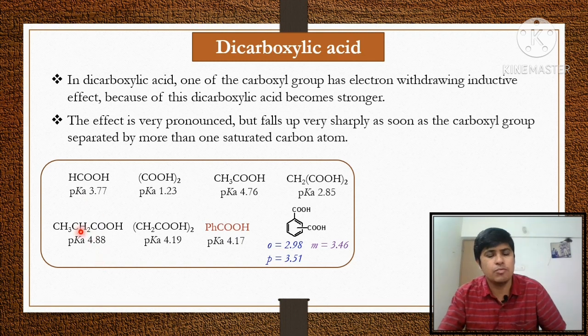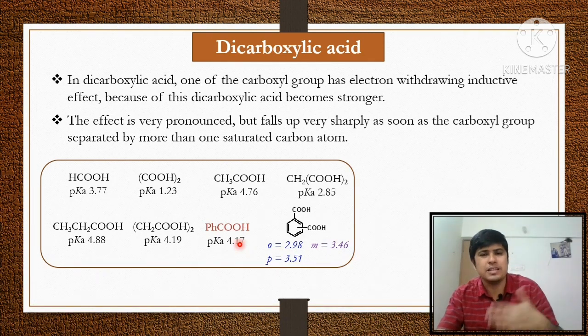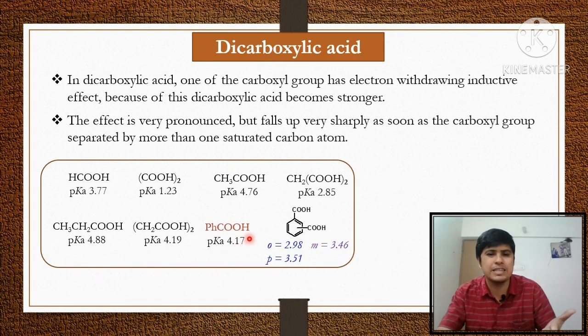Now see here, propanoic acid and this is succinic acid. Succinic acid is stronger than propanoic acid. Succinic acid has pKa 4.9 while propanoic acid has pKa 4.88. Now in the case of benzoic acid, the pKa is 4.17 or it may be 4.20. In some slides we have seen benzoic acid having pKa 4.20, and here I have written 4.17.